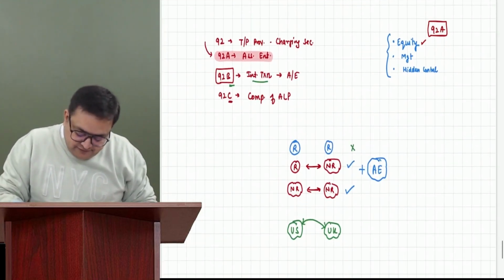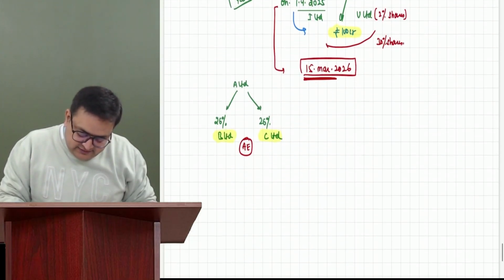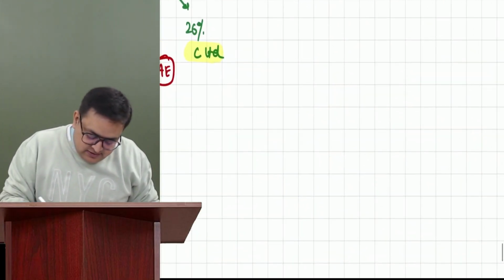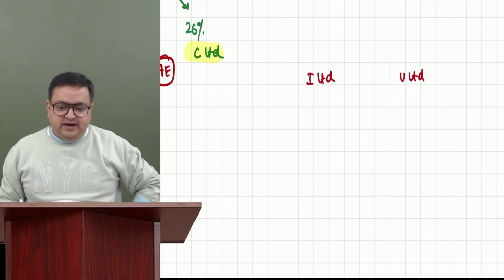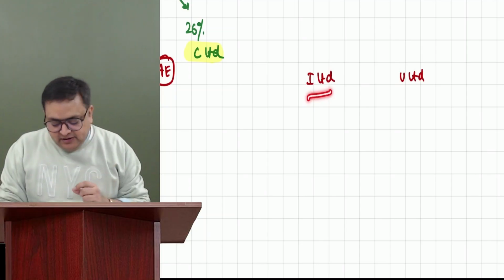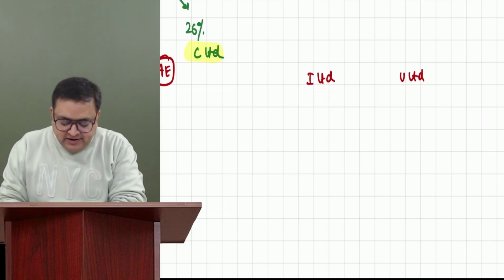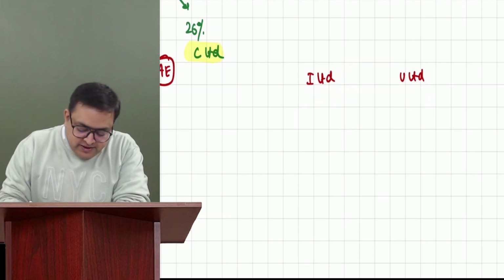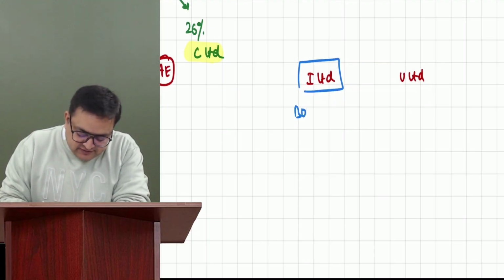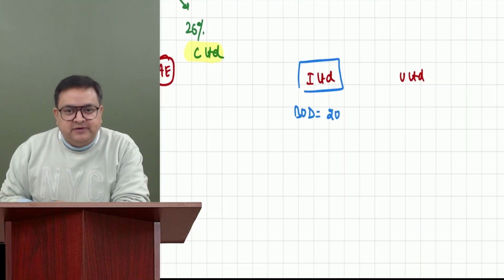See, let's say, again, I Limited, U Limited, guys, I for India, U for US, correct? So I Limited is an Indian company, U Limited is a US company. Let's say they are not holding equity, but I Limited has a board of directors, let's say 20 directors.